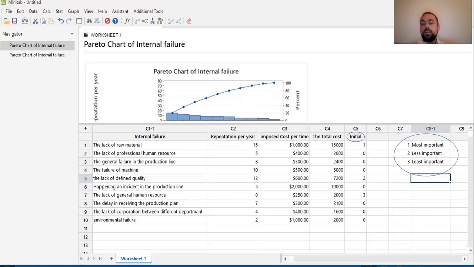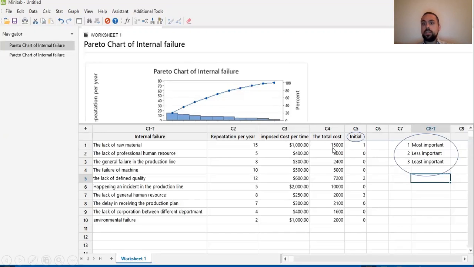But please pay attention to this point that you need to choose one of them to assign the initial according to it. For instance, here I select total cost as my main characteristic and assign the initial according to the total cost.